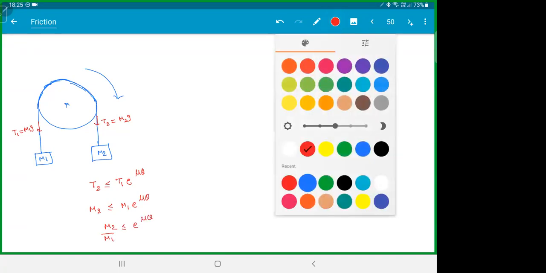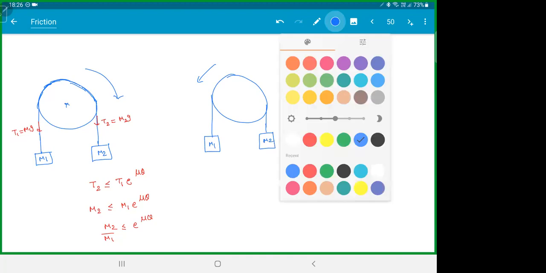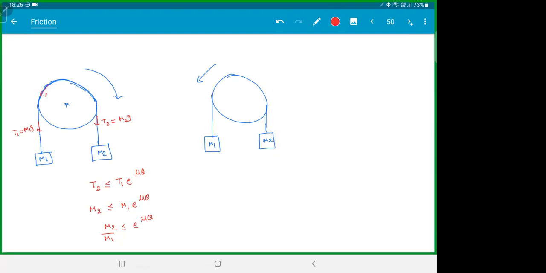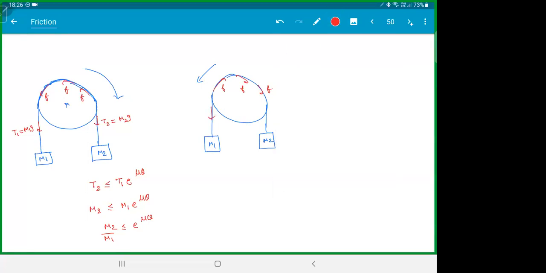Vice versa, if you want to do it in the reverse direction, this time friction will be this way. This time friction will be opposite. So this time this tension will be greater.